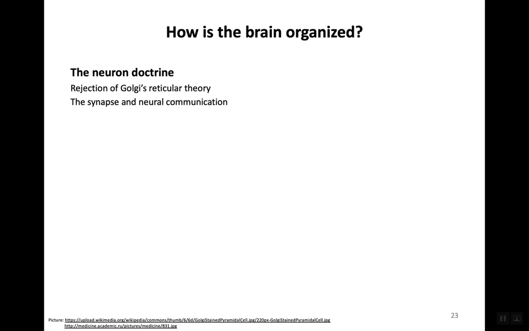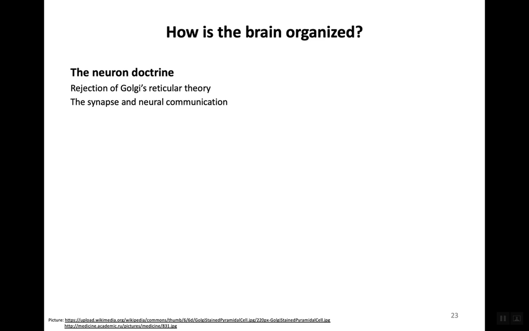Interestingly enough, Golgi and Cajal shared a Nobel Prize in Medicine at the beginning of the 20th century, and upon receiving the prize, they berated each other for each other's naivety.